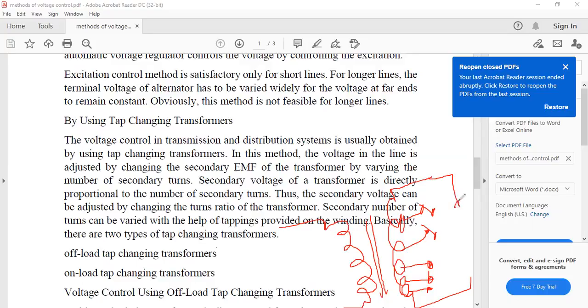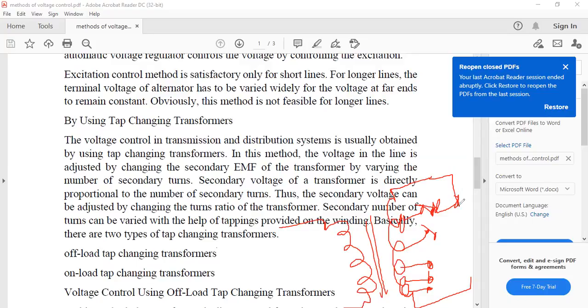See here, one switch will be there. Wherever you want to connect, you have to close the switch at that particular tapping. Due to these tappings only, this transformer is referred to as a tap changing transformer.